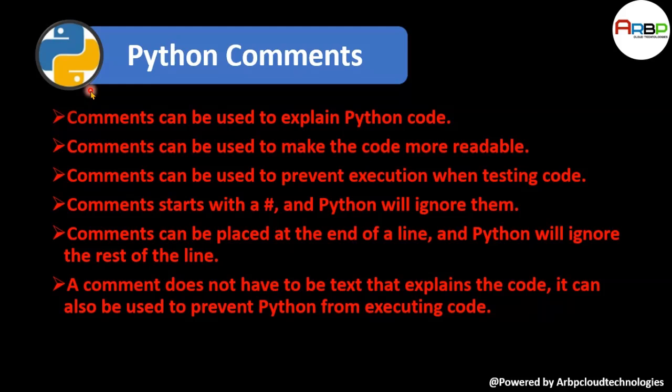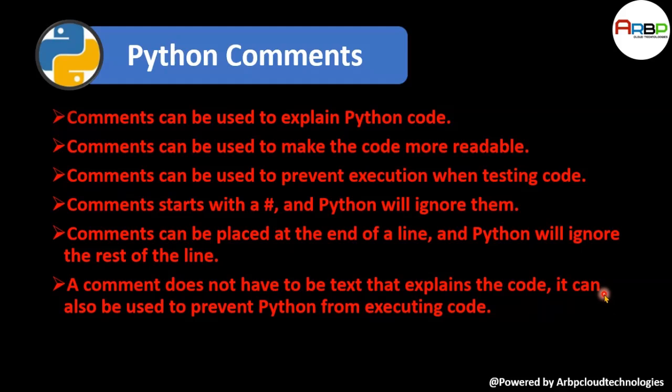A comment starts with a hash and Python will ignore it. Comments can be placed at the end of the line and Python will ignore the rest of the line. A comment does not have to be text that explains the code. It can also be used to prevent Python from executing the code.